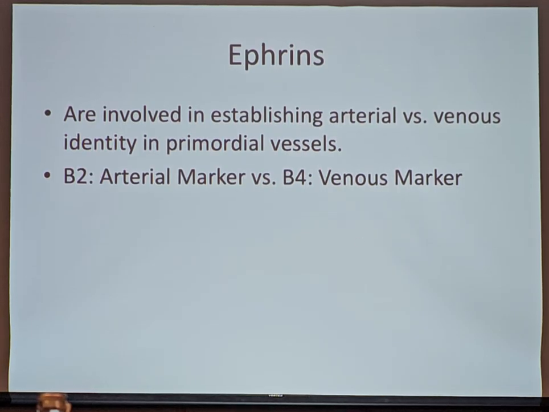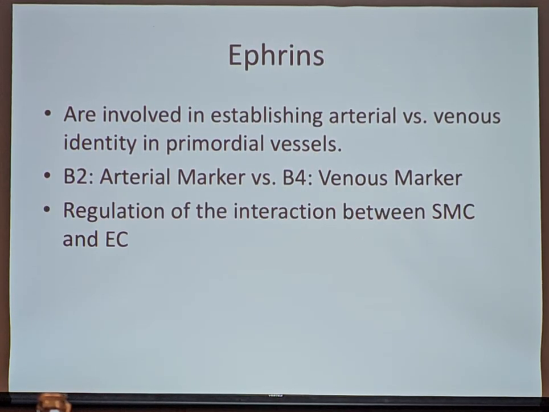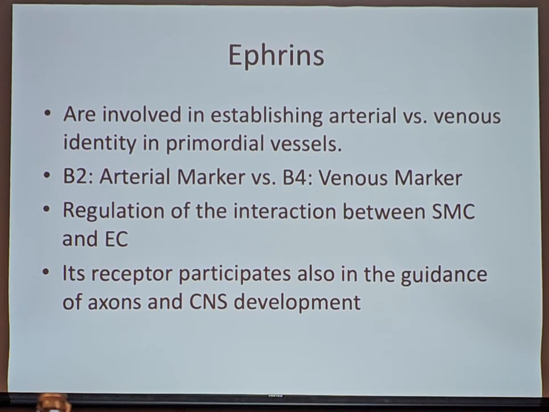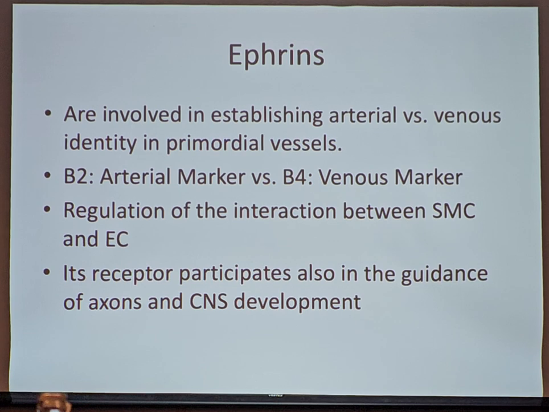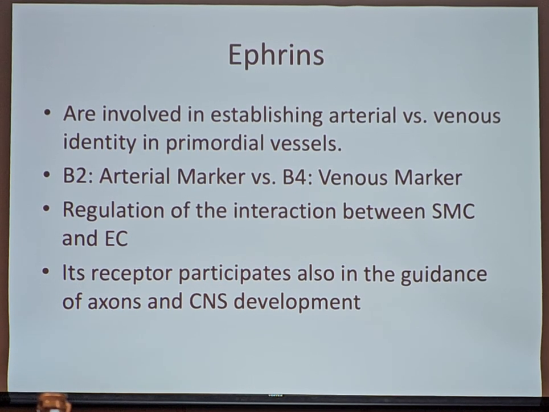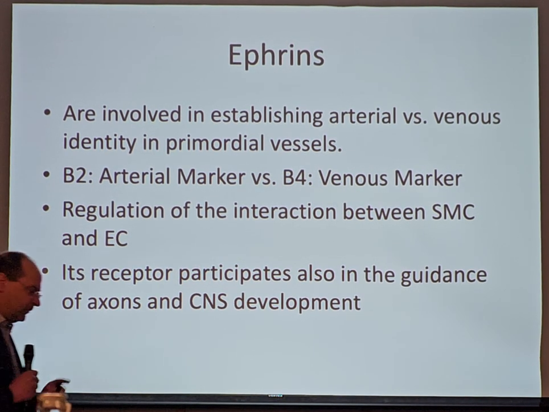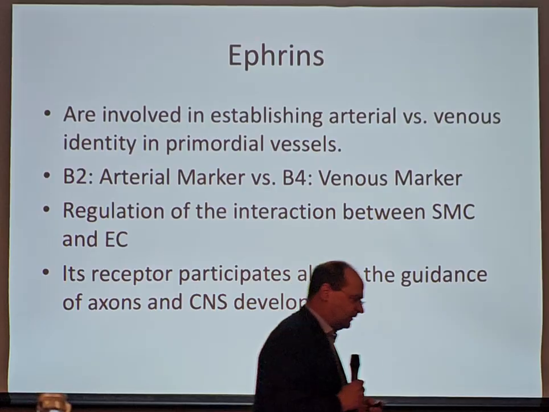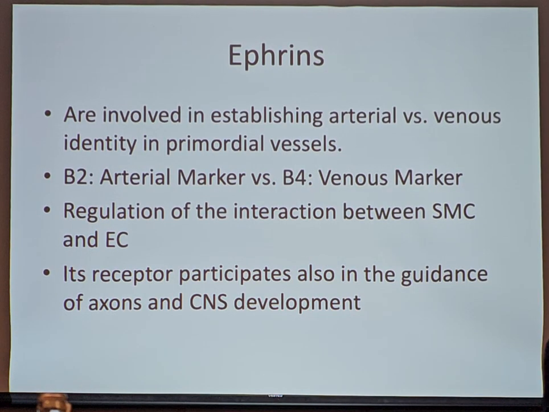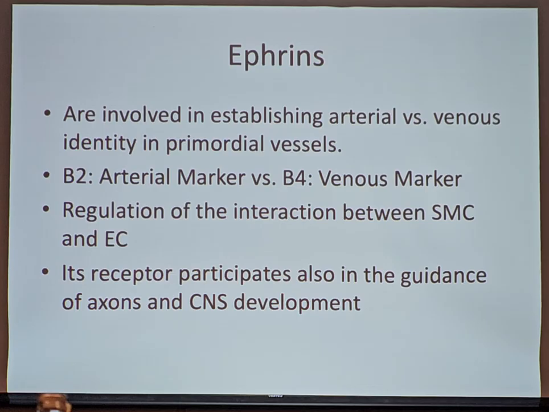That's ephrin B4. And of interest is that these ephrins also regulate the interaction between the smooth muscle cells and the endothelial cells, and its receptor participates in the guidance of axons and CNS development. Now, for those of you who are diagnostic neuroradiologists, you presumably know that there's an association with developmental venous anomalies and cortical dysplasias, right?